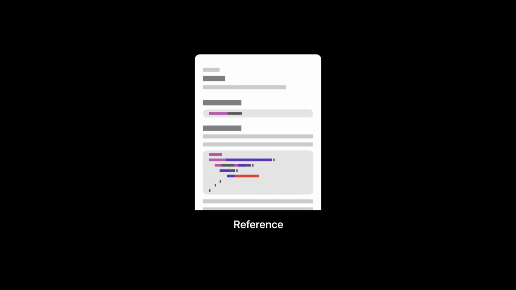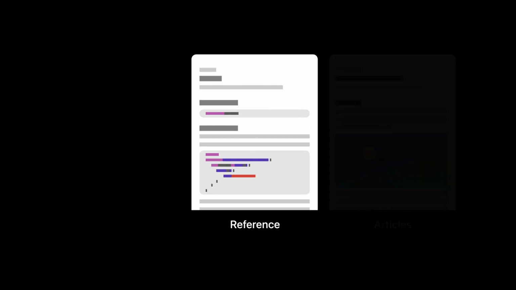DocC empowers you to write excellent reference documentation, leveraging the power of Xcode and Swift to give users a bird's-eye view of the public APIs in your framework or package, complete with the ability to describe how APIs work together, not just in isolation. DocC enables you to write much more than great reference documentation, though. There are two additional ways to write documentation with DocC that we're excited to show off this year.